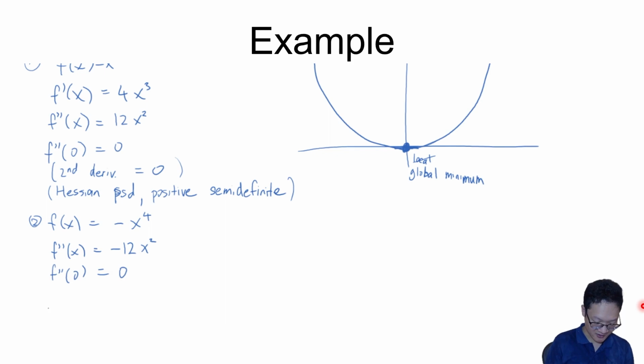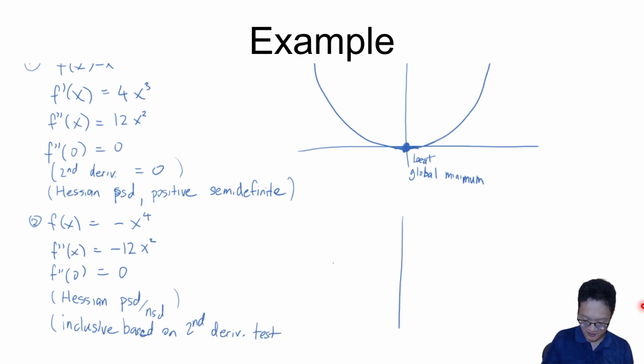Right, so here we have, again, Hessian PSD, or maybe negative semi-definite, right? So this is the inconclusive case. So basically inconclusive based on second derivative test.